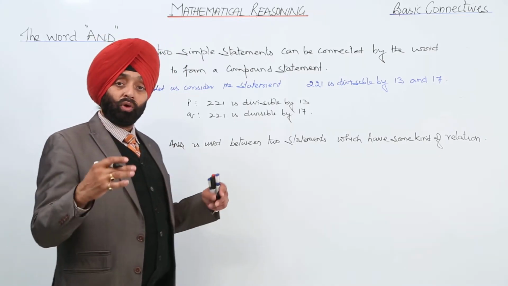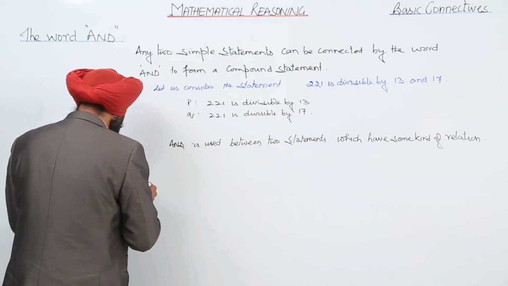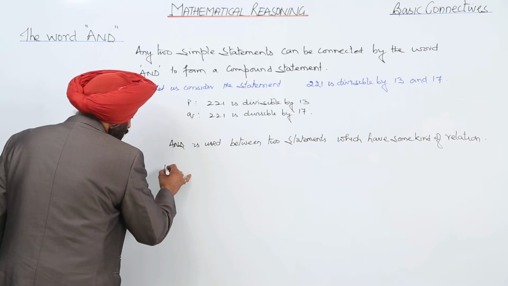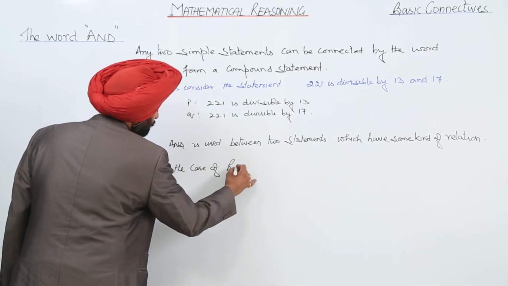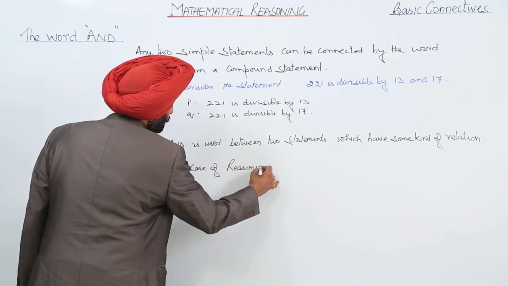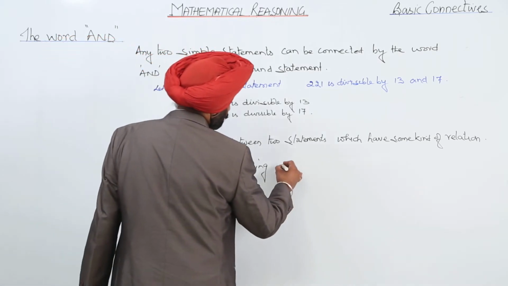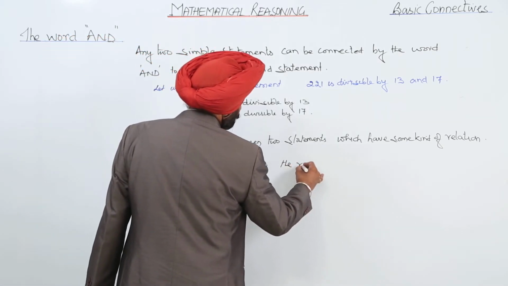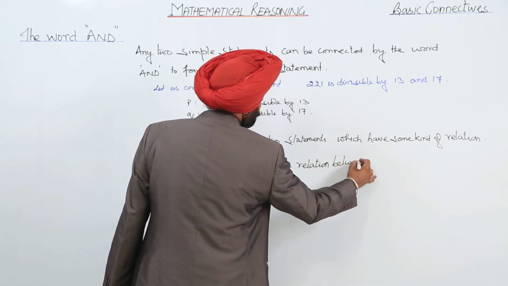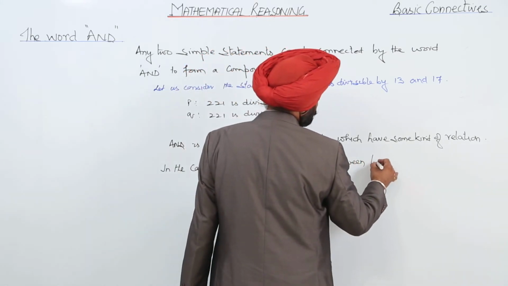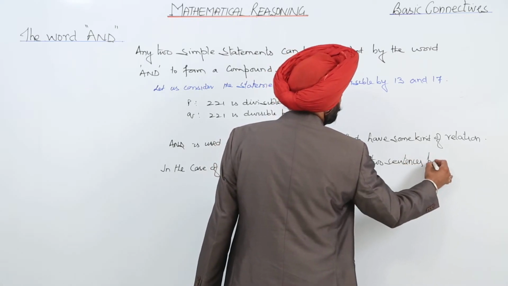But what happens when there is no relation? For example, in the case of mathematical reasoning, the relation between two sentences hardly matters.